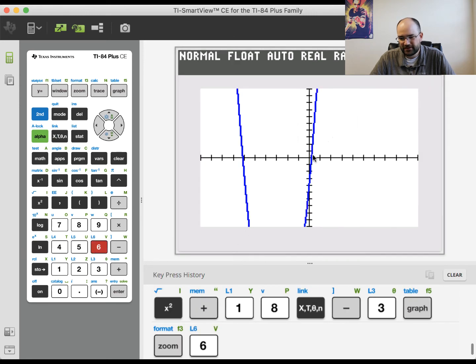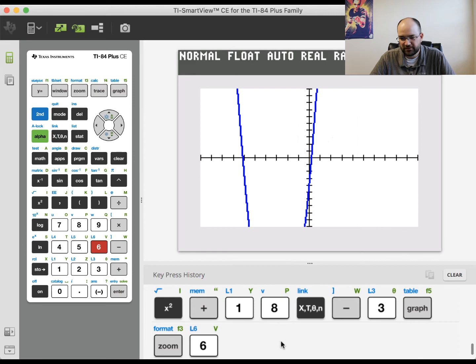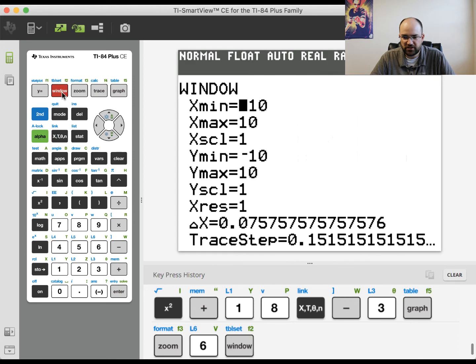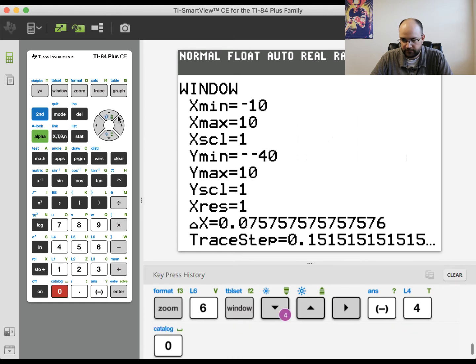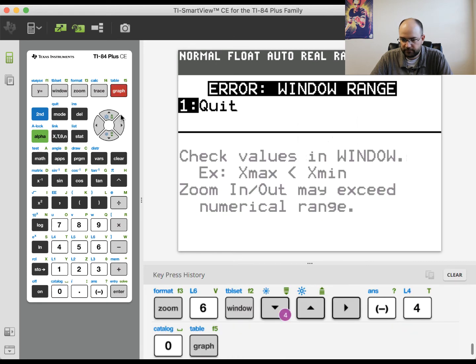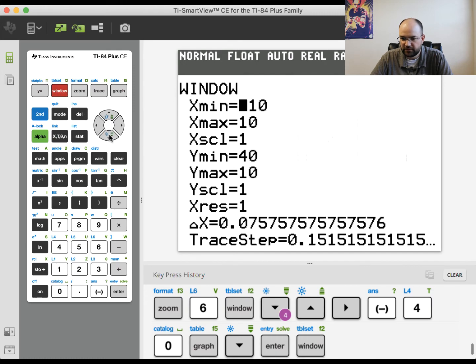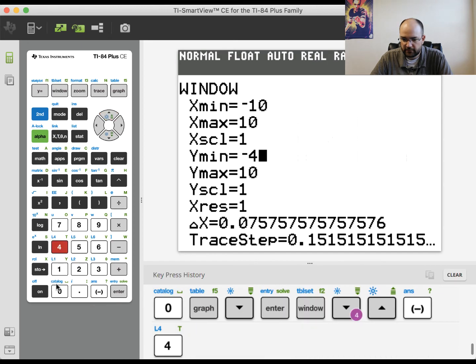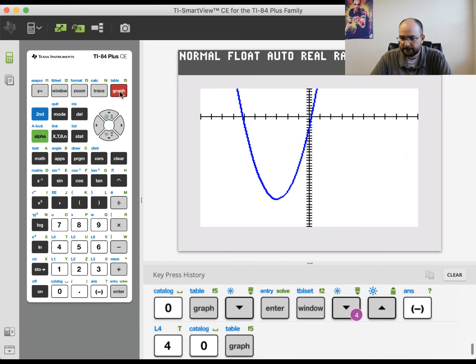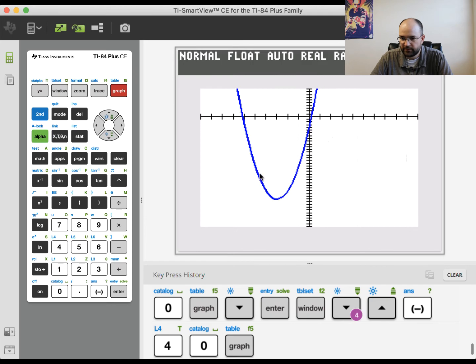But we really don't see the entire graph on the calculator because it has to go down here to like negative 30. So let's change our window. Negative 10 and 10 is fine, but we need to make sure that negative 30 is for our minimum. So let's make that negative 40. Oh, I forgot the negative. Negative 40. There we go. Awesome. So there's the parabola.